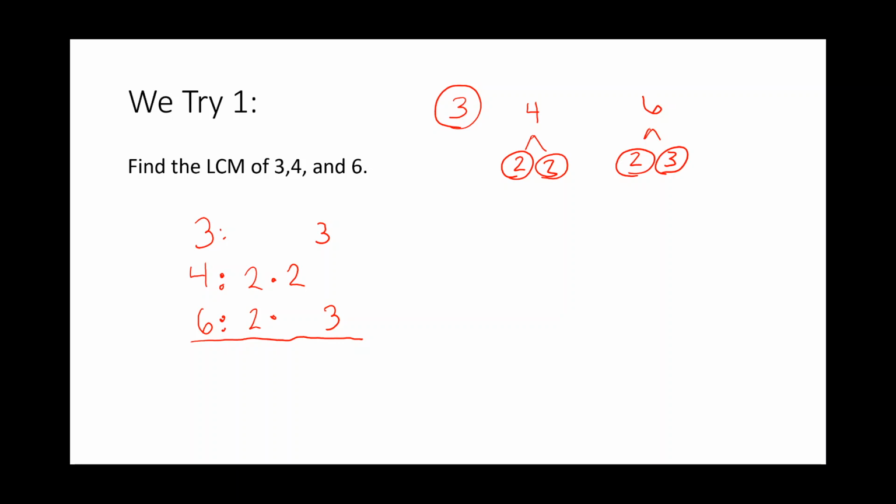My least common multiple is going to be where I drop down all of my columns and then multiply everything together. 2 times 2 times 3 happens to be 12, which means my least common multiple of all three of those numbers, 3, 4, and 6, is 12.